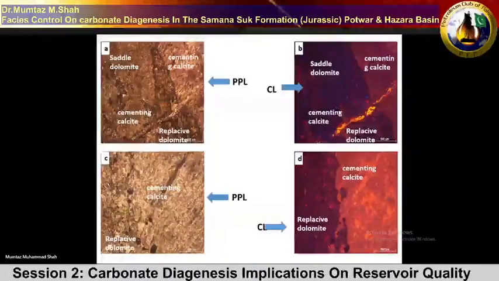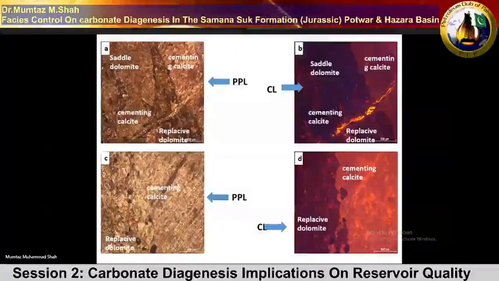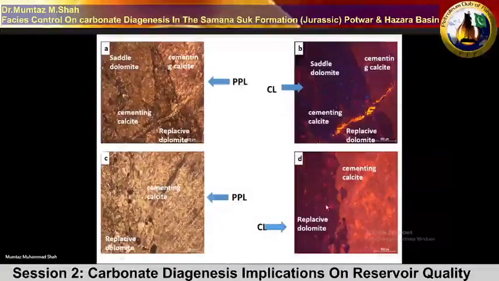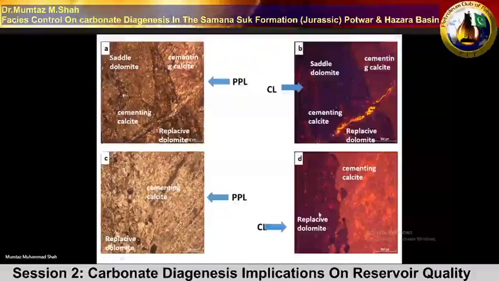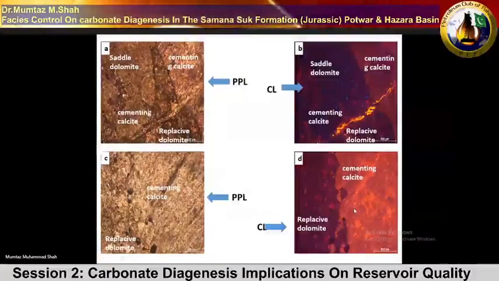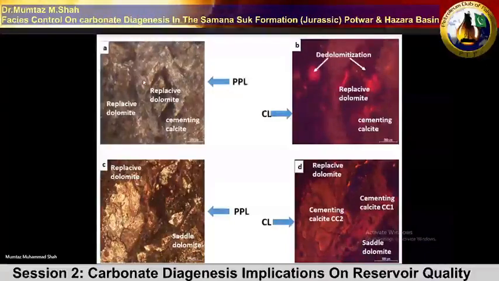These are photomicrographs which show the presence of various calcite and dolomite cements. Typically over here we can see replacive iron-rich dolomite, whereas we have pore filling calcite seen over here as well. There is another example where the dolomite is present within the calcite.